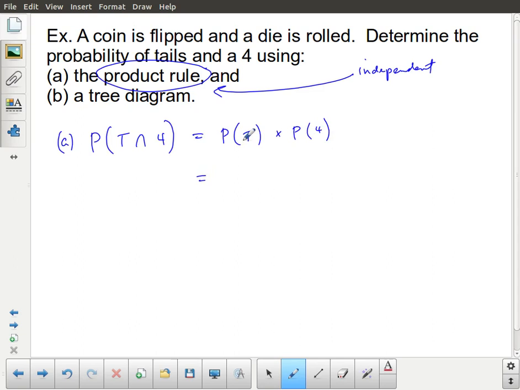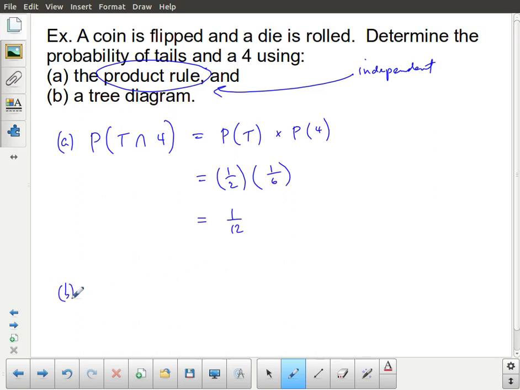The probability of getting tails for a coin is 1/2. And the probability of getting a 4 for what we call a fair die, which means the chance of getting any roll is the same, is 1 in 6. And so from there we end up with a probability of 1/12.